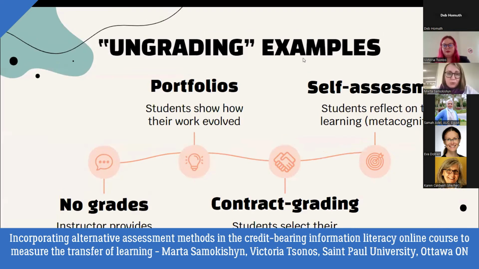There are also portfolios where students show how their work has evolved over the semester. There is something also called contract grading, where students select their desired grade and then complete a set of assessments based on that desired grade, and then also self-assessment, where students reflect on their learning.